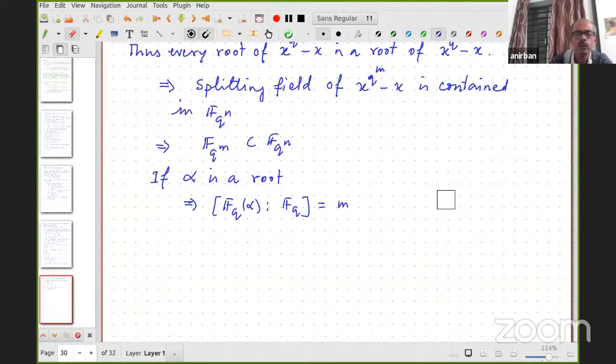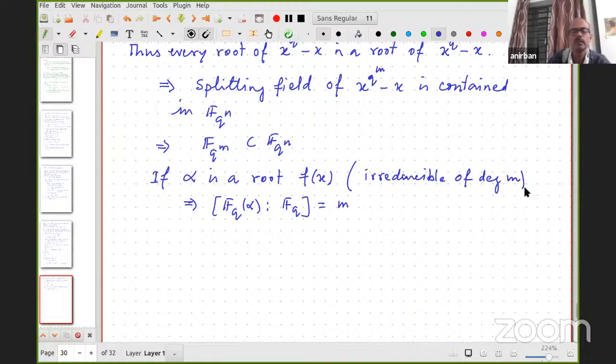It's a root of f(x), which is an irreducible of degree m, so therefore it gives an extension of degree m.